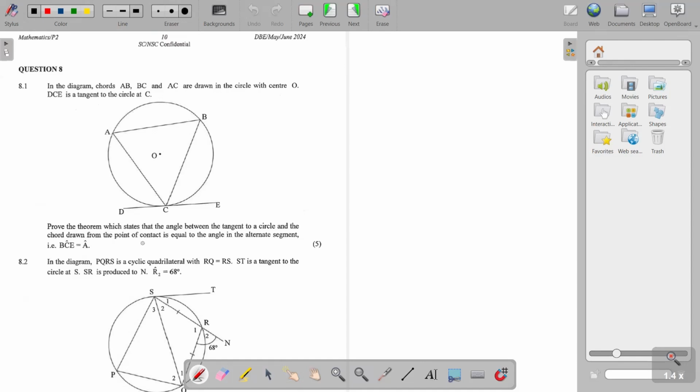Prove the theorem which states that the angle between the tangent to the circle and the chord drawn from the point of contact is equal to the angle in the alternate segment.